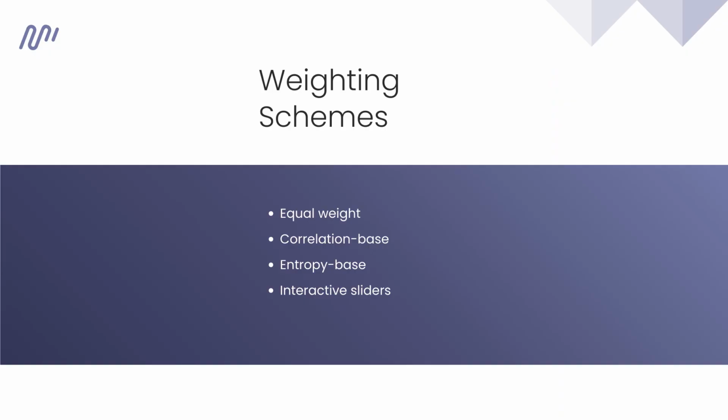We implemented 4 weighting schemes to aggregate centrality scores. Scheme A is equal weights, Scheme B is correlation based, Scheme D is entropy based, and Scheme E is interactive sliders.